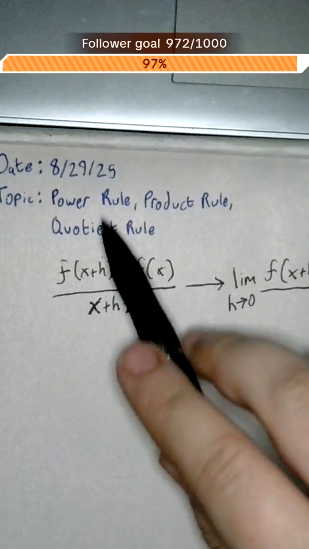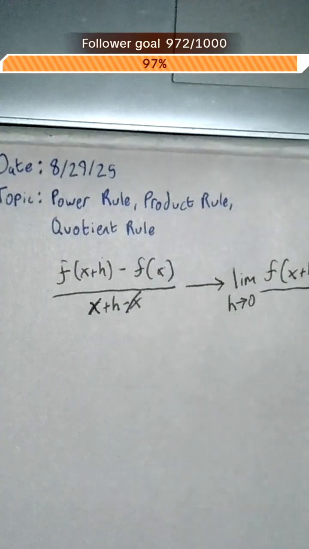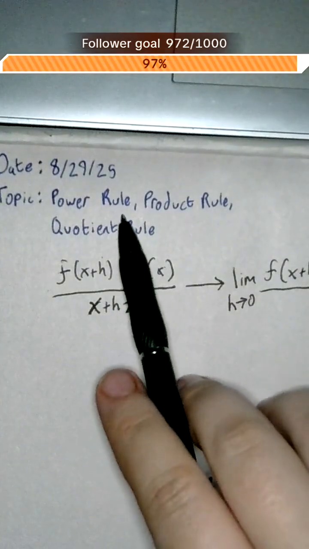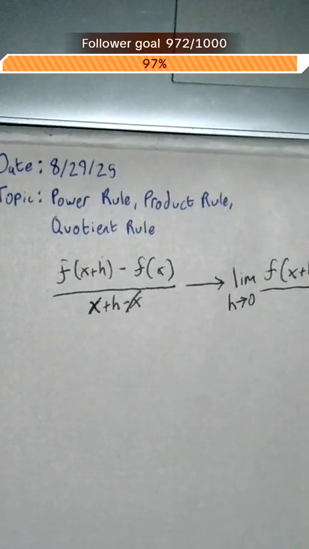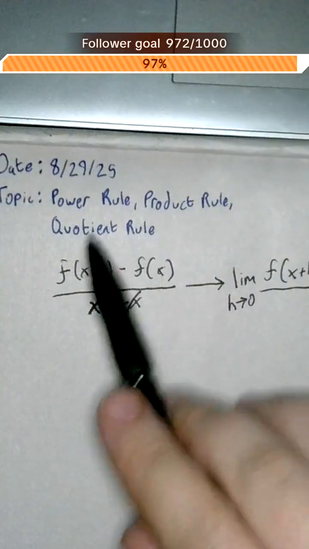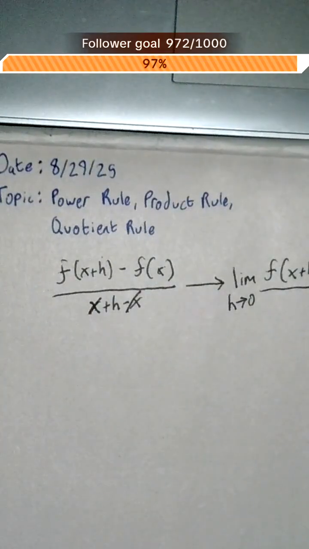And actually, I'm not going to need to use L'Hopital tonight because it wouldn't make sense. The only limits I'm going to do are to prove these three rules. Once I do that, then we won't need the limit anymore, at least for these three.